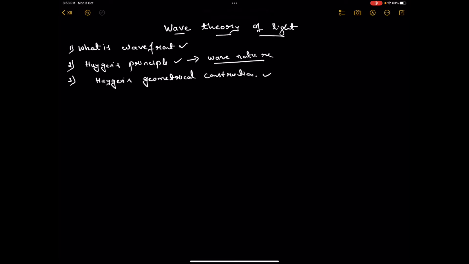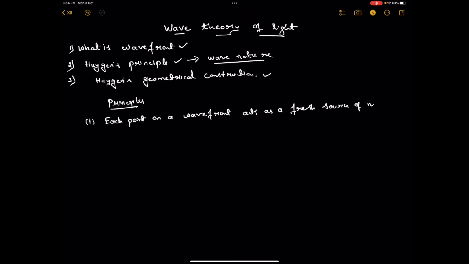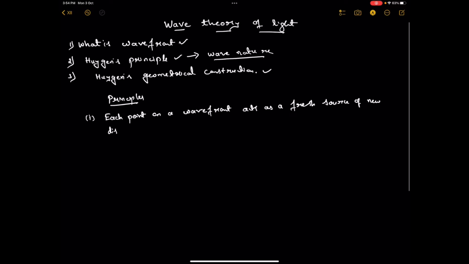What he said is that each point on a wavefront acts as a fresh source of new disturbance. So those new disturbances are called secondary waves or wavelets.